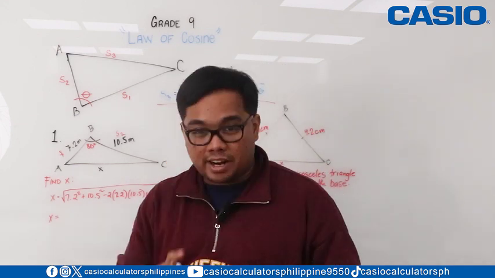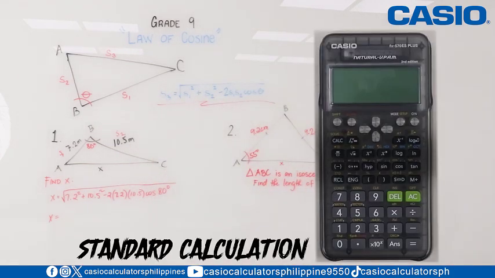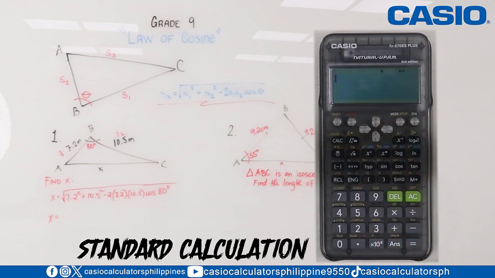Now, let's use our calculator in solving for the value of our third side. Don't forget, whenever you perform any calculation in your calculator, make sure that you first initialize your calculator.